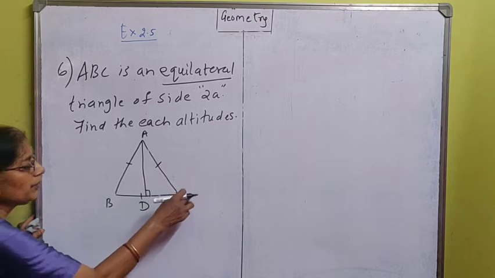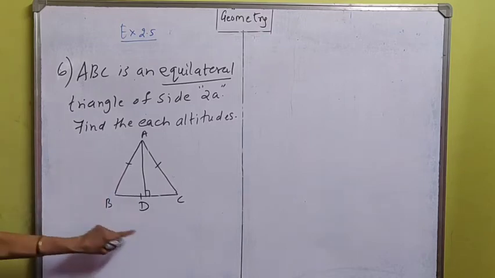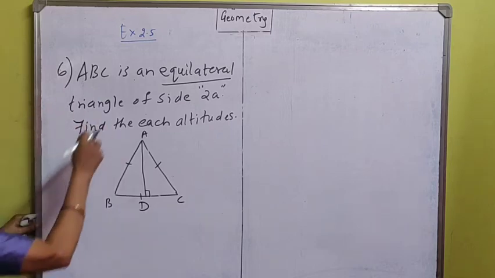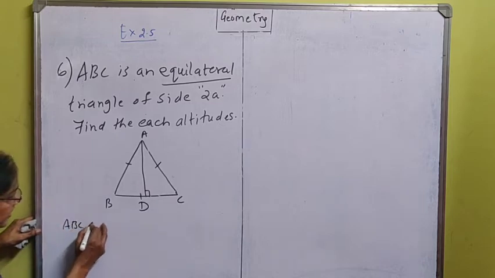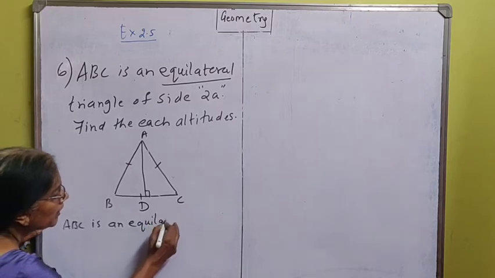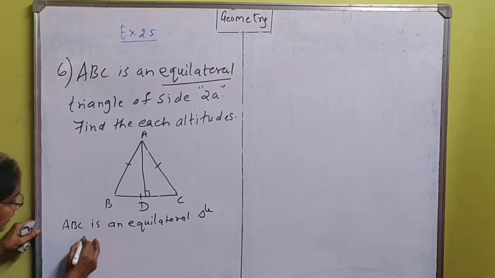BD is equal to DC, which is equal to half of BC, because D is the midpoint. Now we will write down the name of the equilateral triangle, what sides are there, and how much each side measures. So ABC is an equilateral triangle.